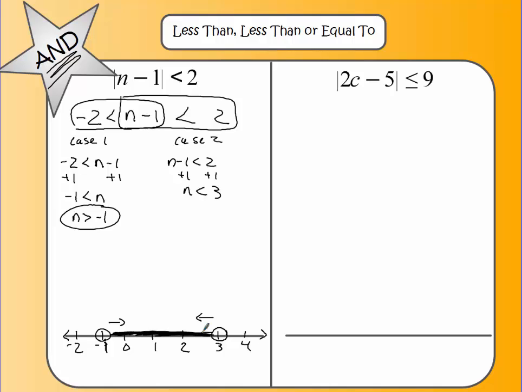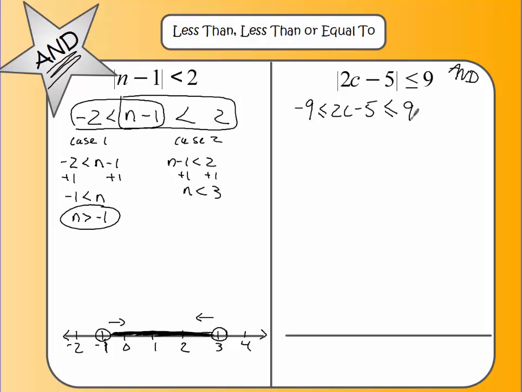Let's try a less than or equal to question. Again, less than or equal to is the same thing as and. And so we can break this into two inequalities, or we can write it as one. So let's write it as one. Negative 9 is less than or equal to 2c minus 5, which is less than or equal to 9.